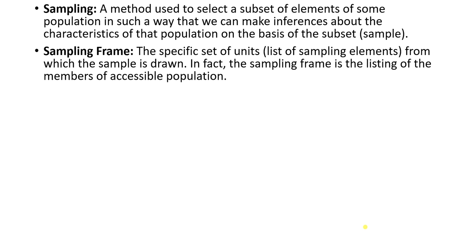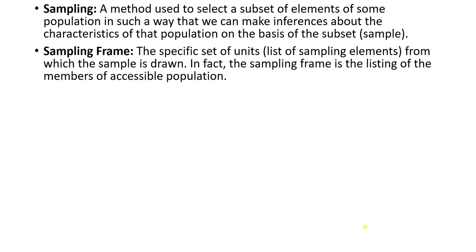Another term often used in the area of sampling is sampling frame. Sampling frame refers to the specific set of units, that is, the list of all the sampling elements of a given population. I will discuss this sampling frame in another lecture and make distinctions between various types of sampling.